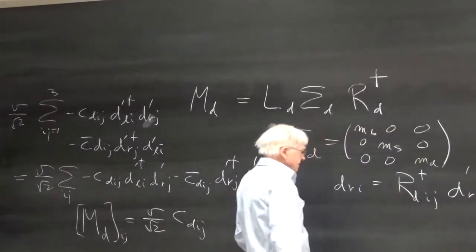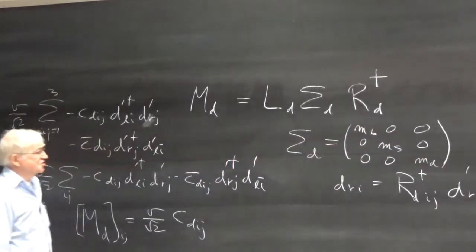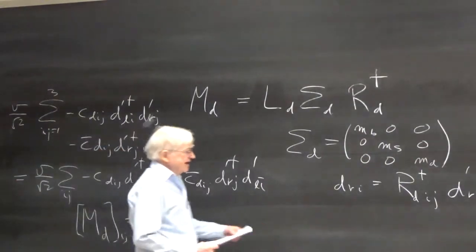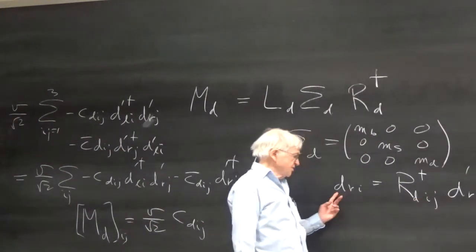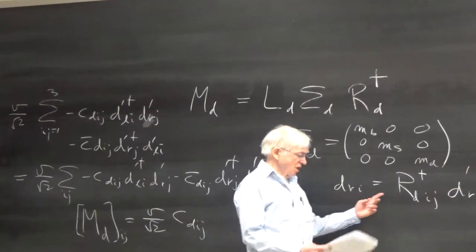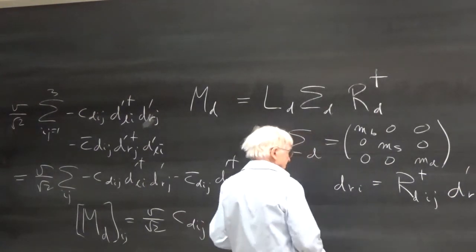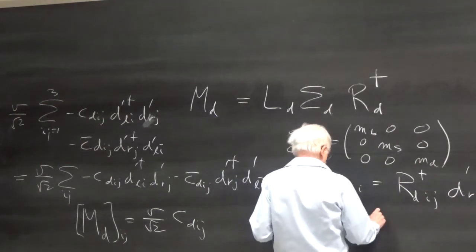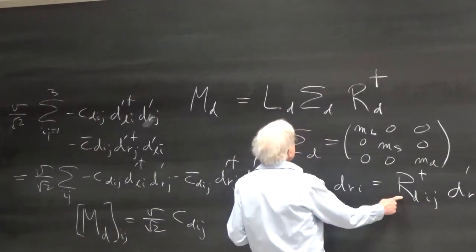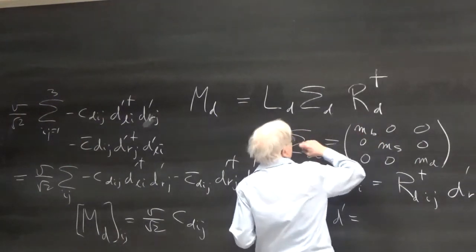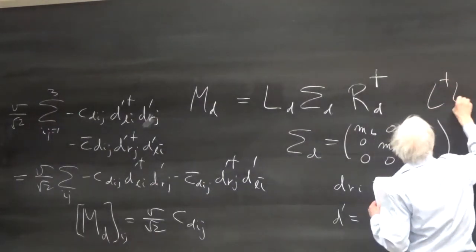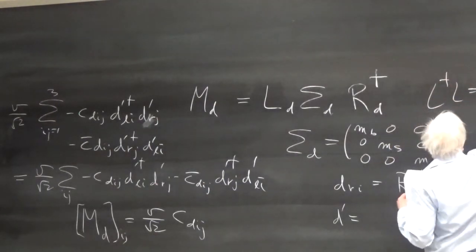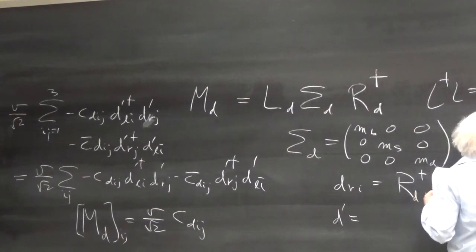So the matrix that takes your flavor eigenstates and turns them into mass eigenstates is R dagger. These two are unitary, by the way, so we have L dagger L equal to R dagger R equal to the identity.